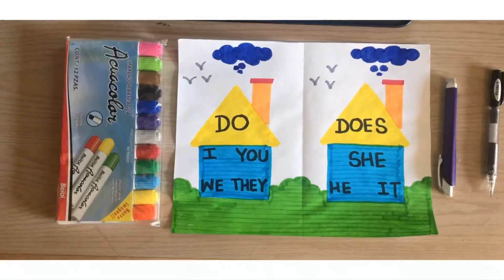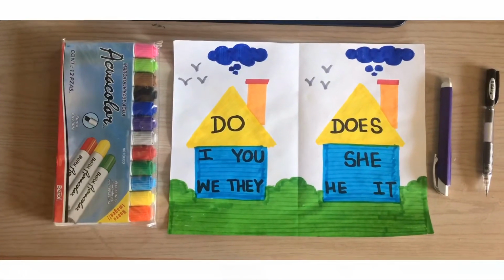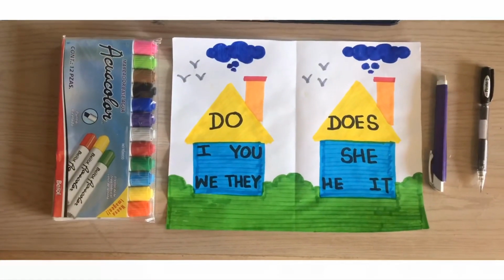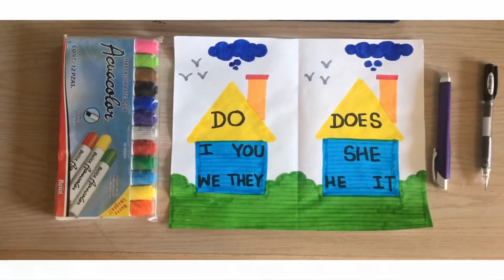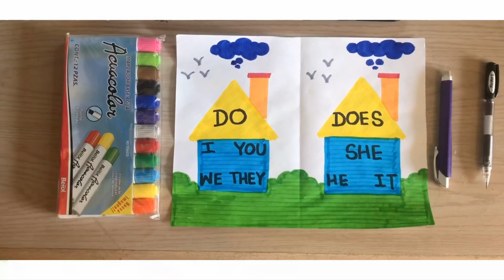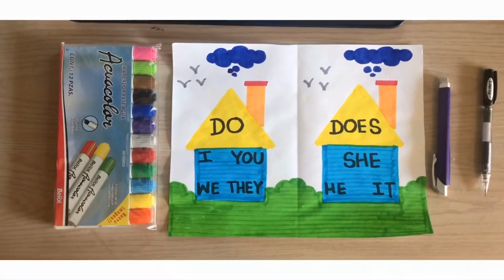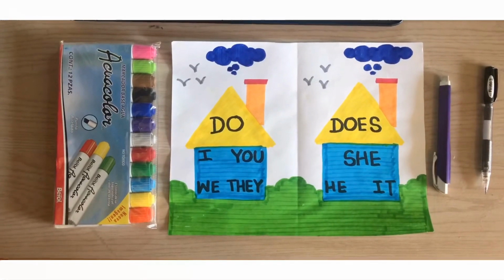On the bottom part of the house, you will write the pronouns that belong to each one. That way you guys don't forget that I, you, we, and they belong to do, and she, he, and it belong to does.